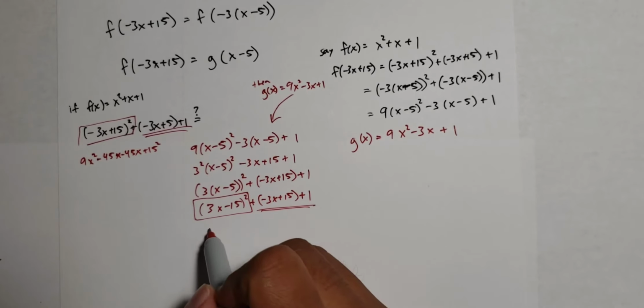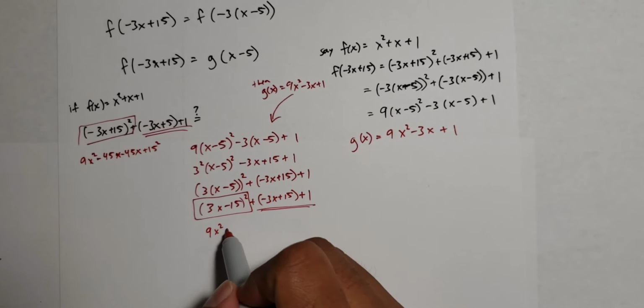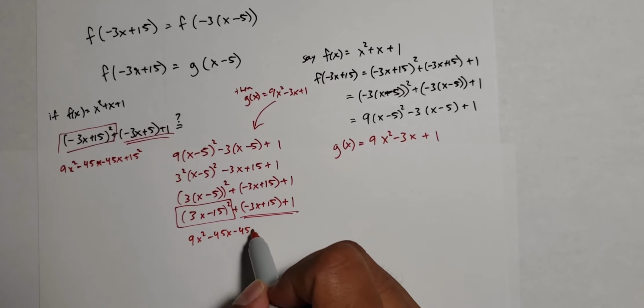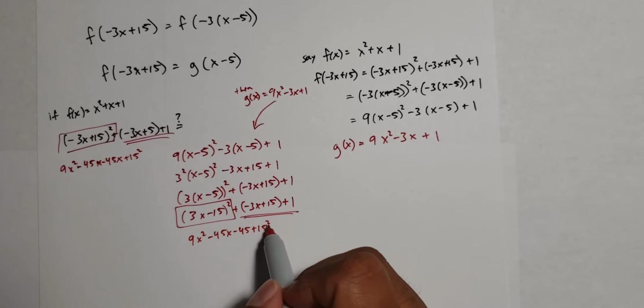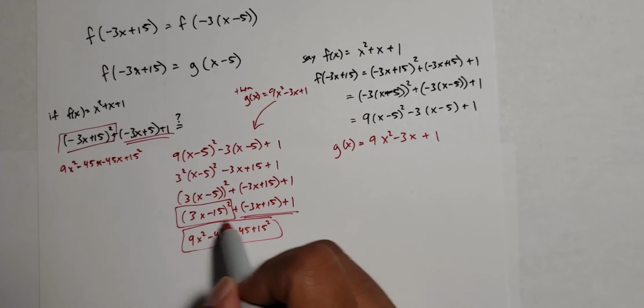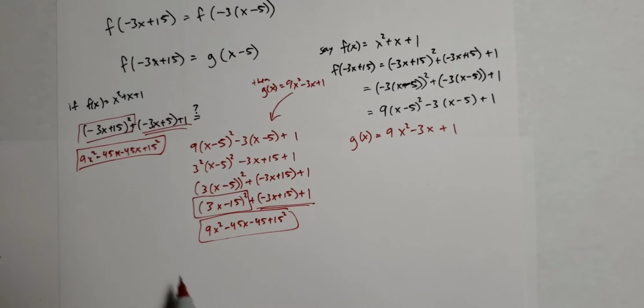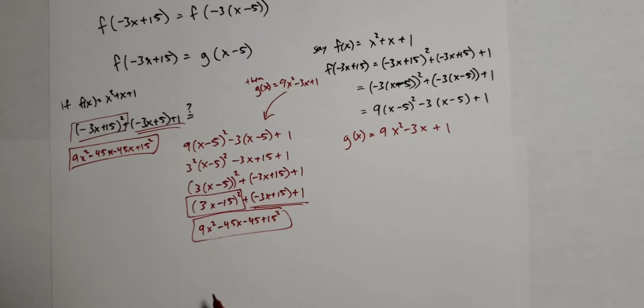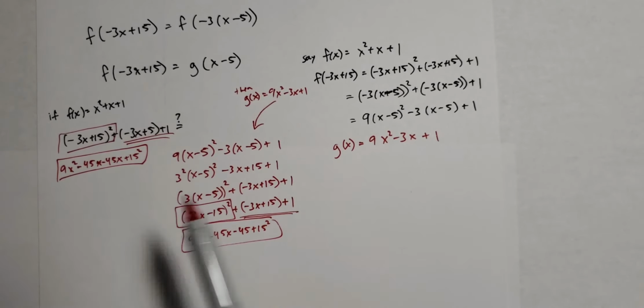And here it's going to give us 9x squared, minus 45x minus 45x, plus 15 squared. So we do get the identical result for this one. It just threw me off a bit why it was negative here, but the sign switched, but it's fine. Either way, when you plug them back in, you get the same result.